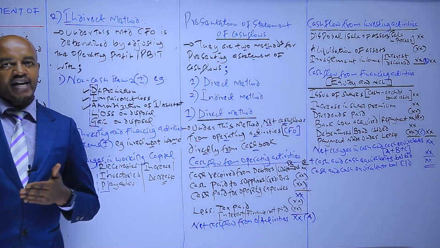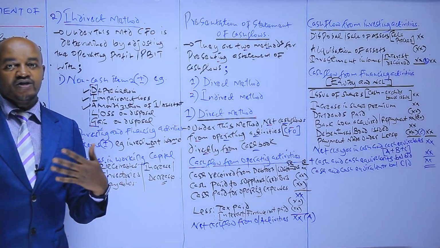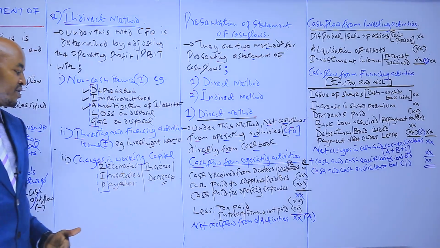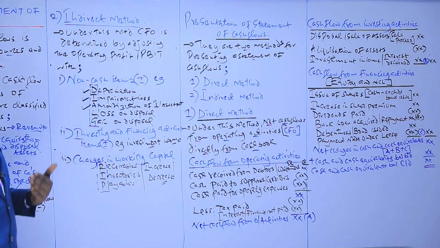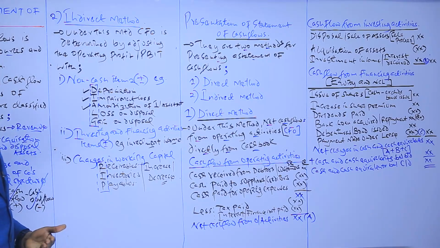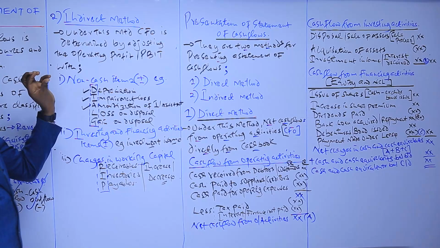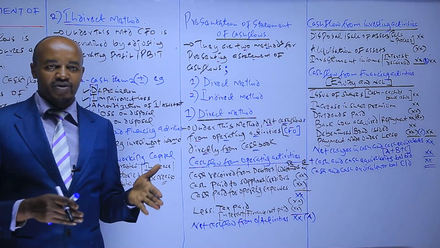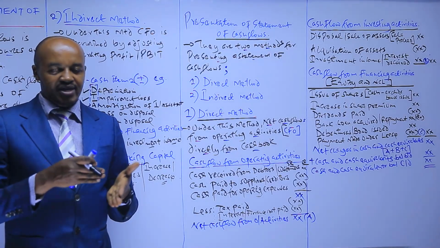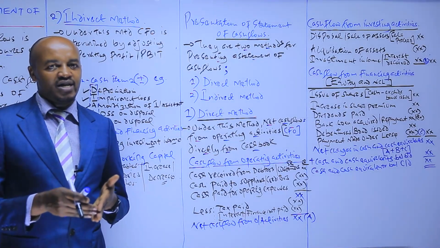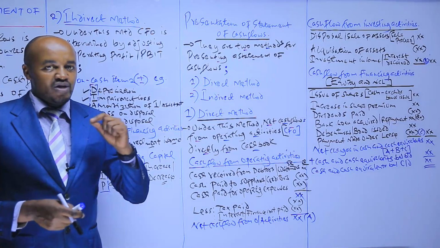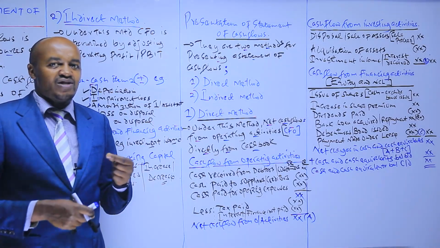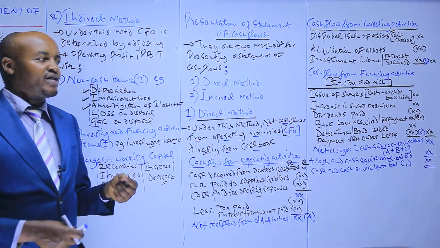On the other hand, if inventory reduced, it is because the company sold the inventory, which is a cash inflow. That is why we refer to this as the indirect method: we determine the CFO, the net cash flow from operating activities, using an indirect approach. We take the PBIT and adjust it with three categories of items.